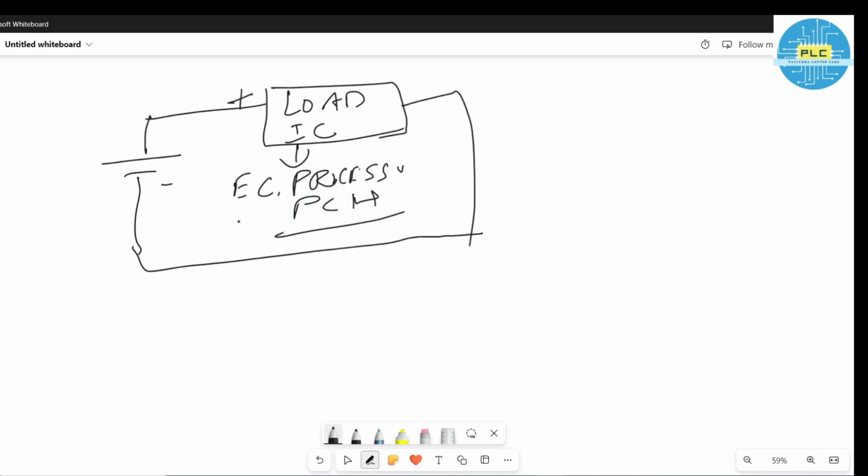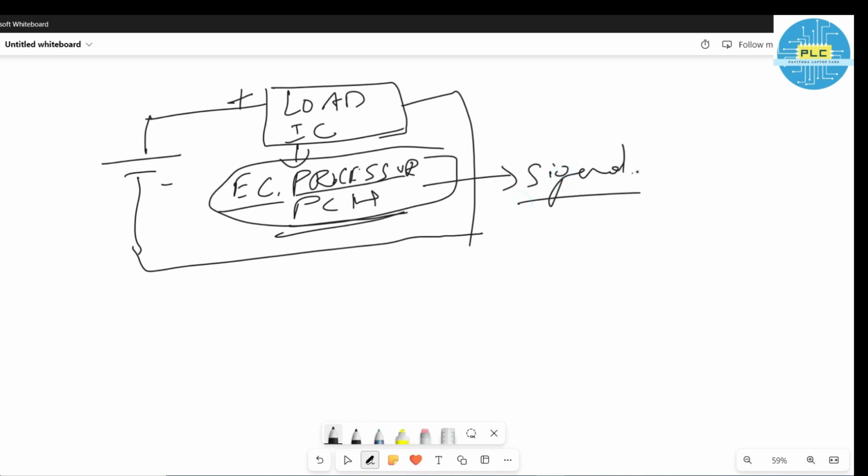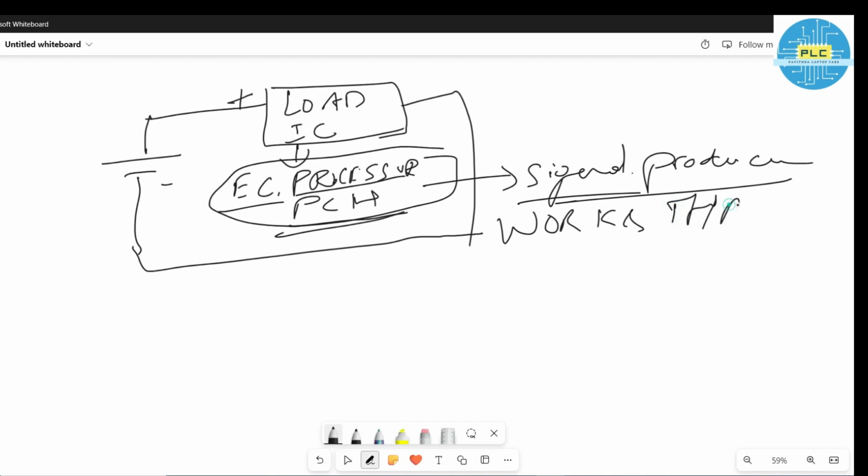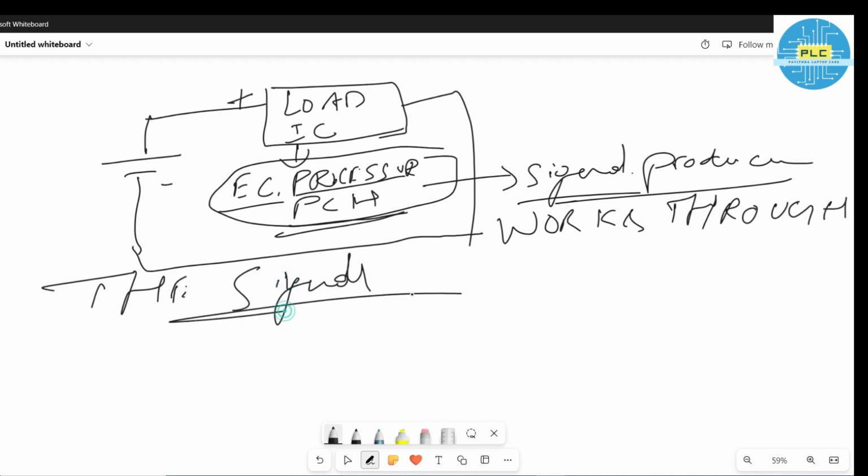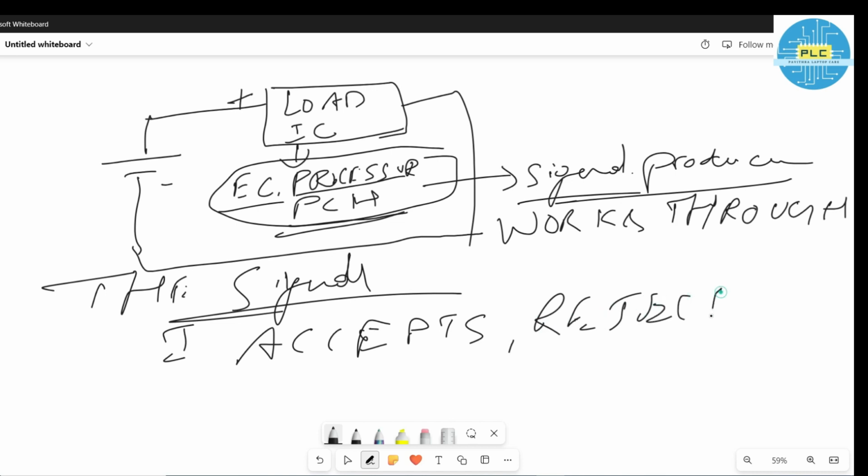In the motherboard I am talking about the embedded controller, processor and PCH. These are all signal related ICs, signal producers, that work through signals, meaning it accepts, rejects and produces.